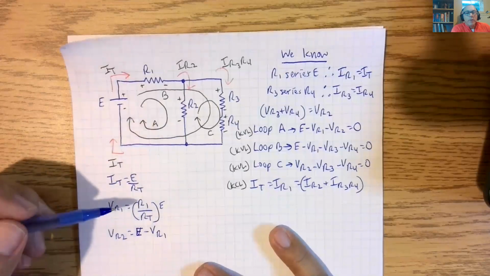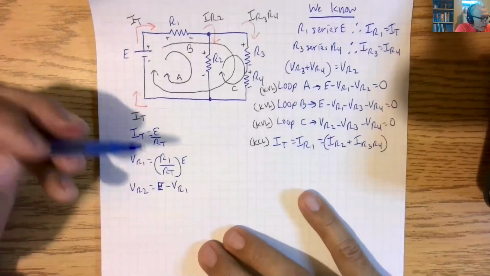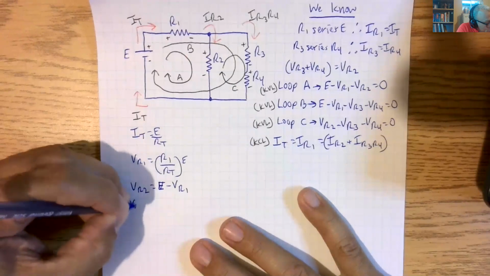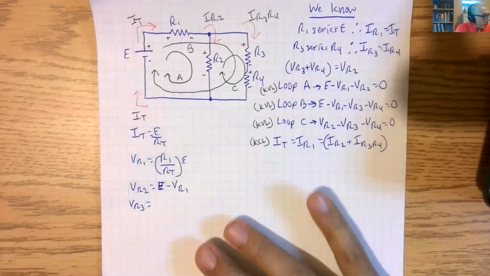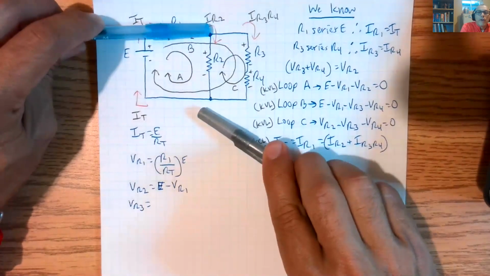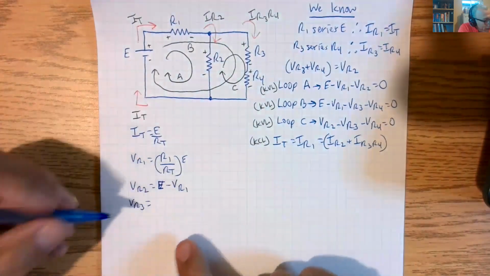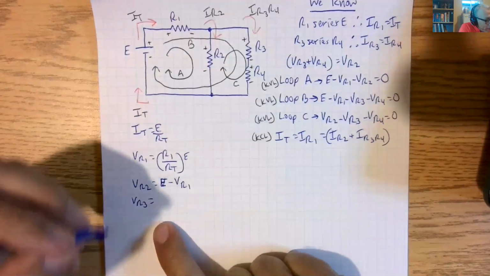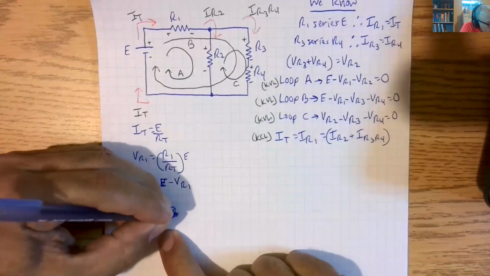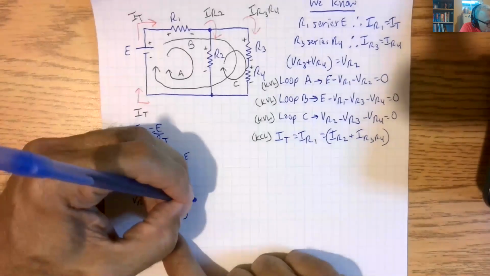We know that. Now, we can apply the voltage divider rule here. VR3 is equal to, so we know the voltage across both of these resistors together is the same as VR2, because R2 is in parallel with both of these together. So we can say that VR3 is equal to R3 over R3 plus R4 times VR2.